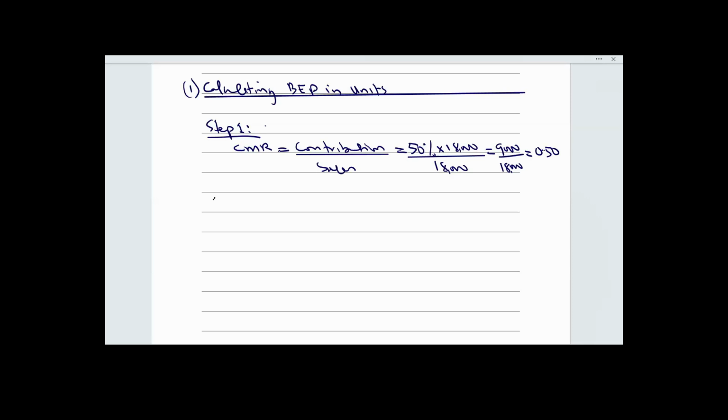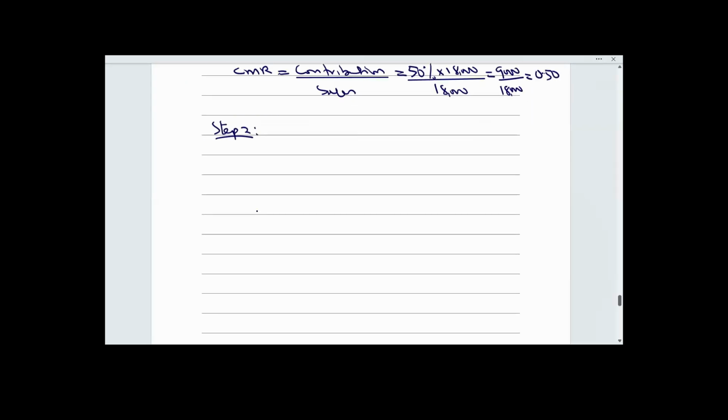Then step 2, you calculate the overall break-even point in naira. To get the break-even point in naira, you take the fixed cost of the company divided by the overall contribution margin ratio.